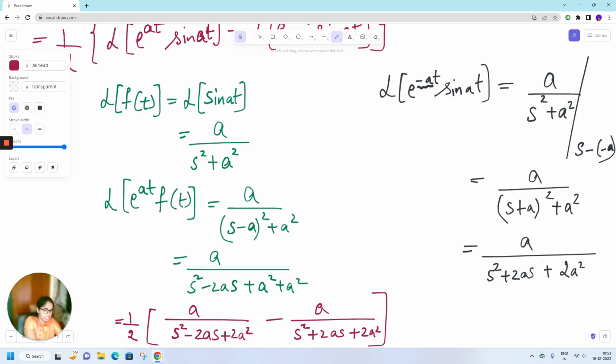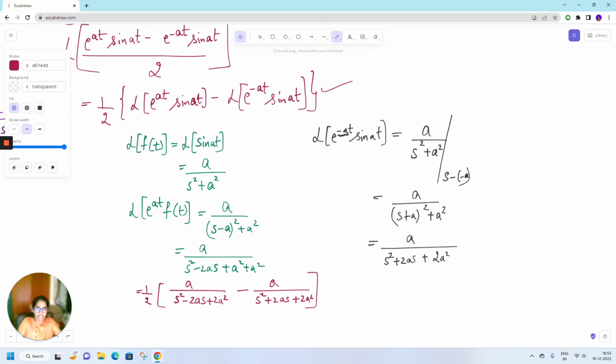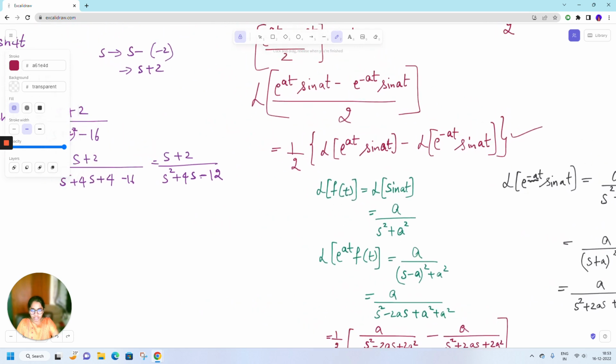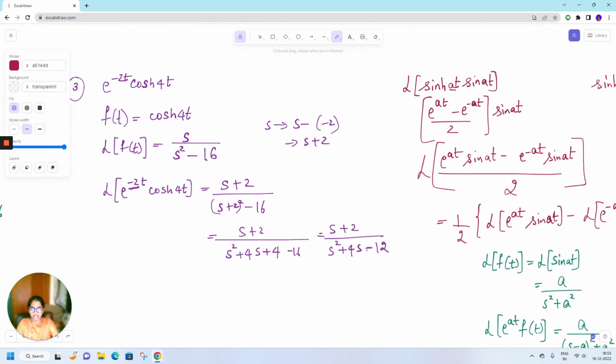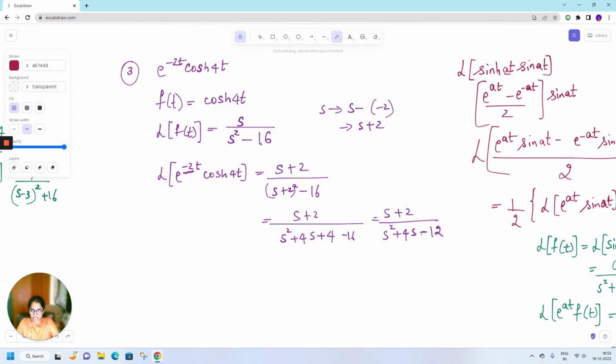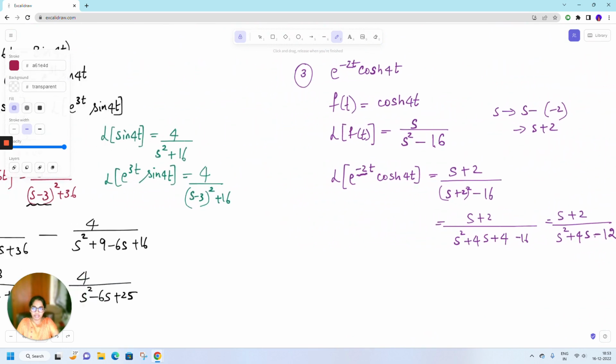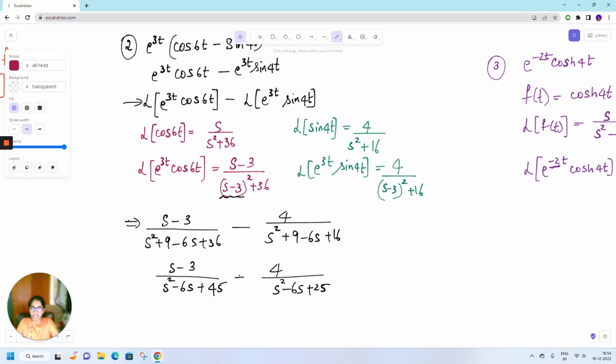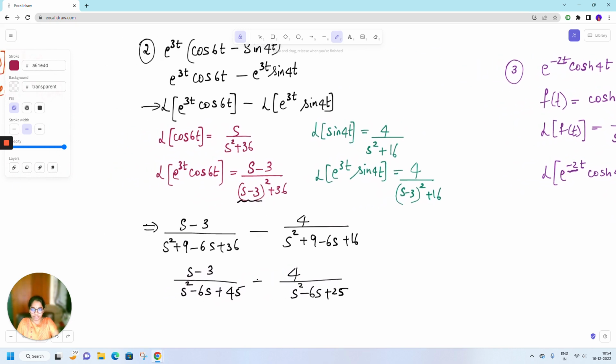So we studied something called the shifting property. What is the shifting property? If you have a function in the form of e power at into f of t, we apply the shifting property.